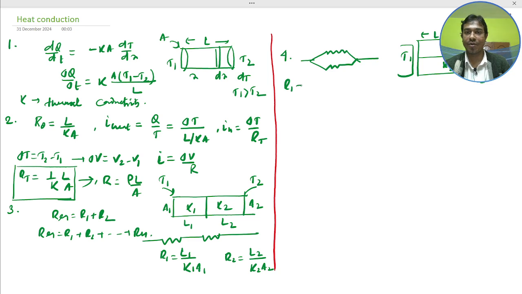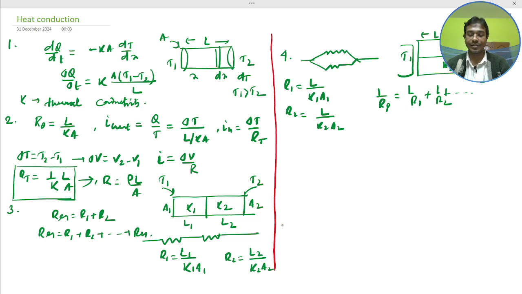So here R1 equals L by K1 A1, R2 equals L by K2 A2. So we know 1 by R parallel equals 1 by R1 plus 1 by R2, just put these values. So this is the type in parallel combinations.